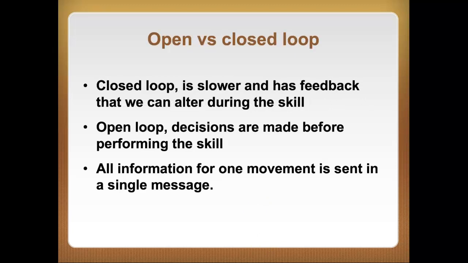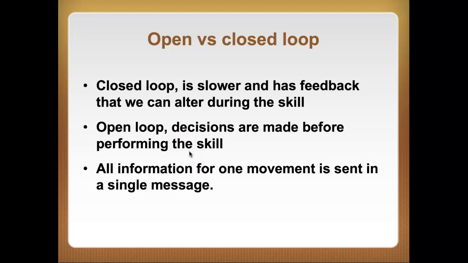So there's two types of motor program controls that we can think of here. First we have a closed loop. That would be the slower kind that has feedback that we can alter during the skill. As you're going up for a jump shot and you double pump and you hit, that's a closed loop. Open loop are ones where the decisions are made before the skill. Maybe diving, maybe not.